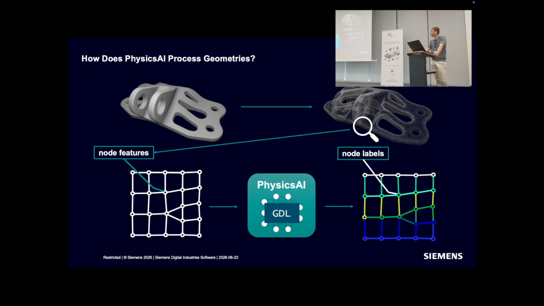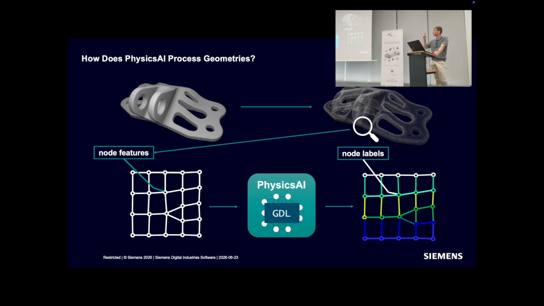Since it is a geometric deep learning engine, we can have the nodal coordinates of our nodes. We can also have some boundary conditions such as the thickness of our part, the material of our part, the forces, for example, that act on some nodes, and so on.